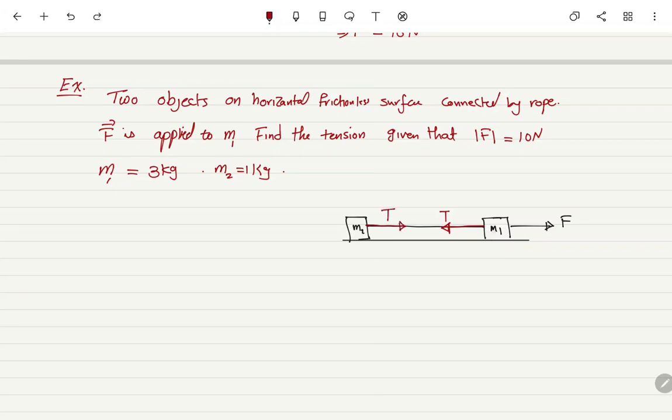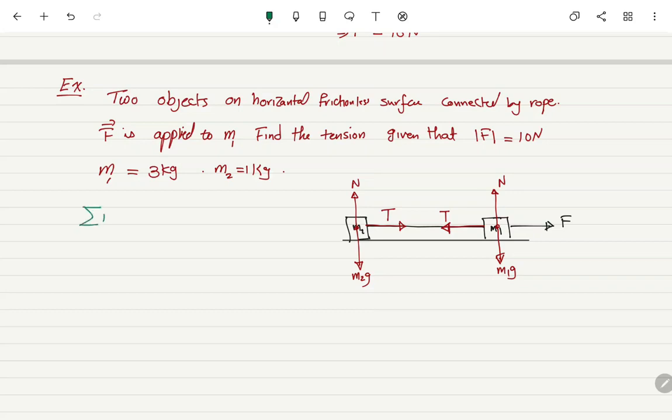And don't forget that we have the weight and normal force for this one, and the weight and normal force for this one. Now to find the tension on the rope, let's look at the forces.